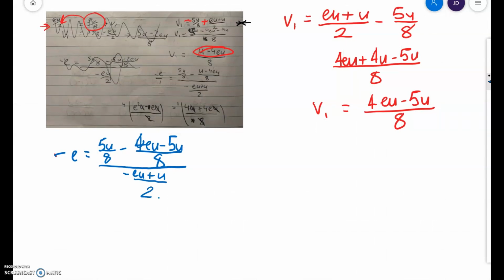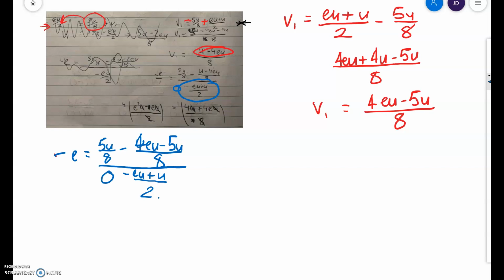Okay, so this is what you wrote. I fixed this up here. That's 0 minus that, so it really is V2 minus V1.